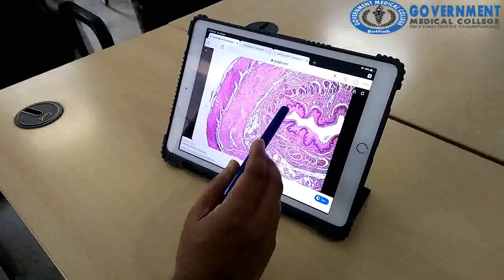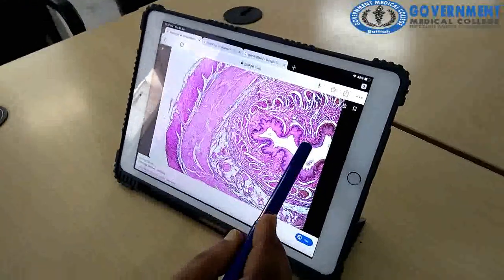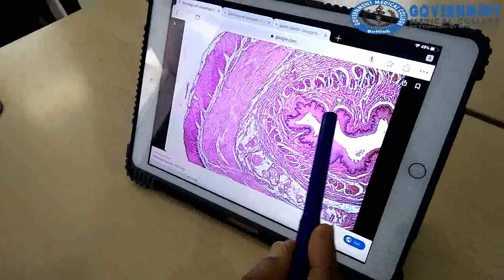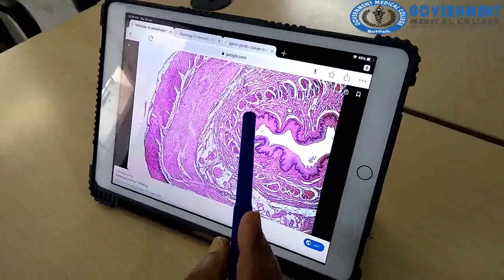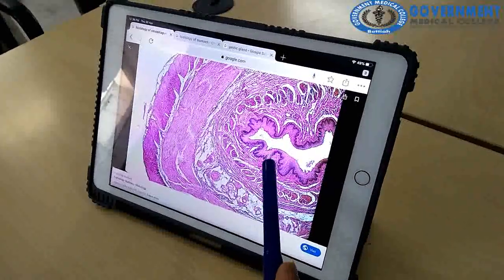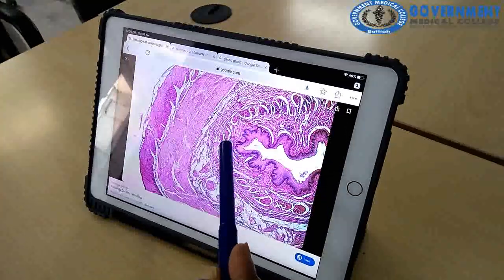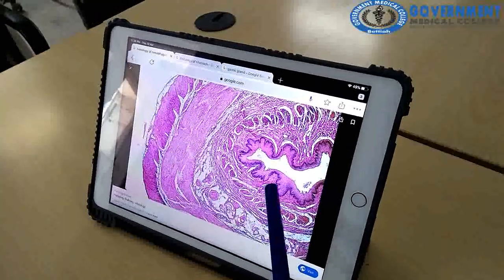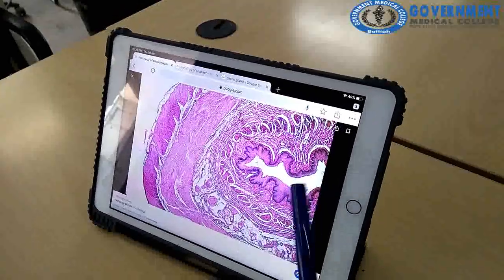This is stratified squamous non-keratinized. Just outside this lining epithelium, this is lamina propria. And see some strands of smooth muscle fiber. This is muscularis mucosa.